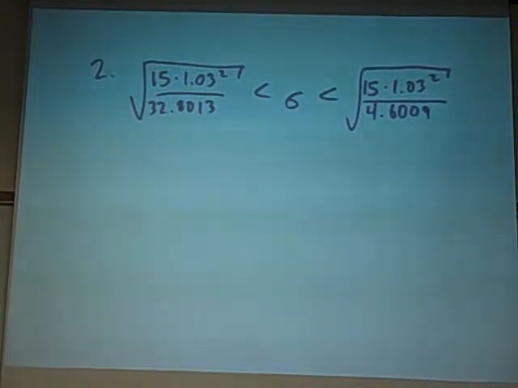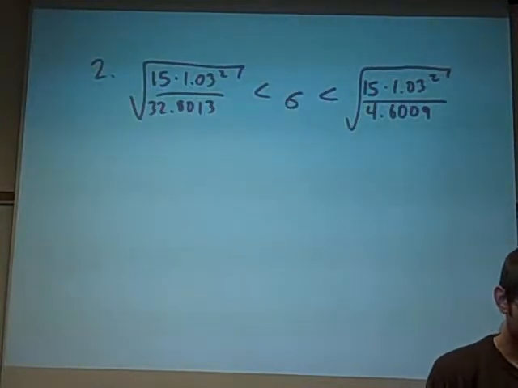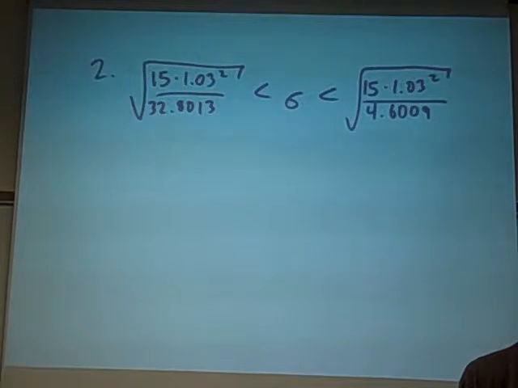Make sure you square root the whole thing. That's a common mistake that people make, is they don't square root the entire fraction. All right, so I get the left one, 0.6965.